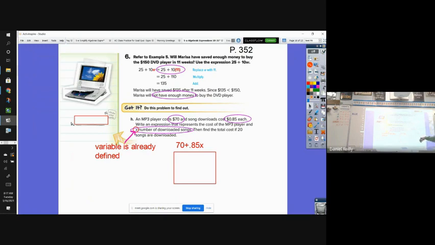Then they tell you how much will 20 songs cost. What am I going to do with that 20? If they're asking you to find the total cost if 20 songs are downloaded, what am I going to do with the 20? What am I going to do with it in my expression here?